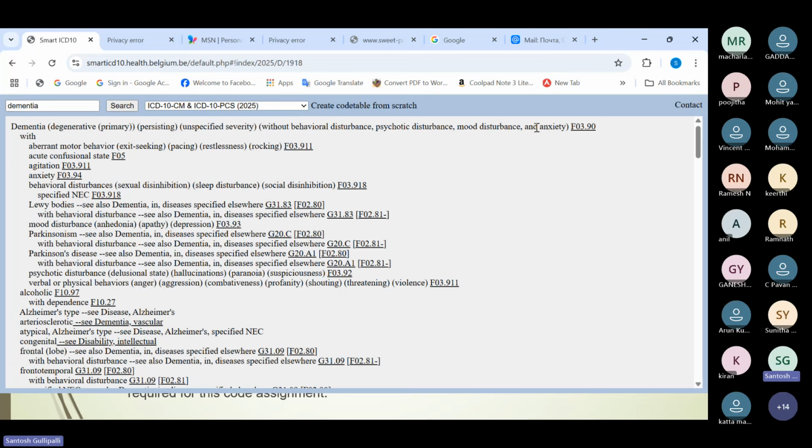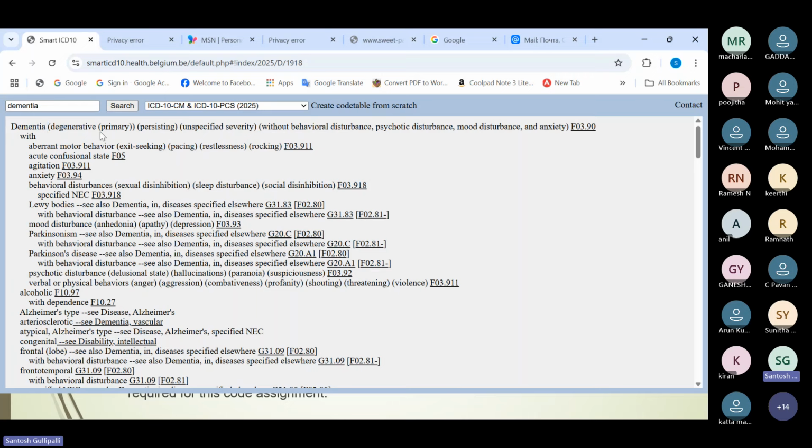For example, the physician documented only dementia. That time the code is F03.90. If degenerative dementia is documented, you can give the same code. If primary dementia or unspecified severity dementia is documented, you can give the same code.